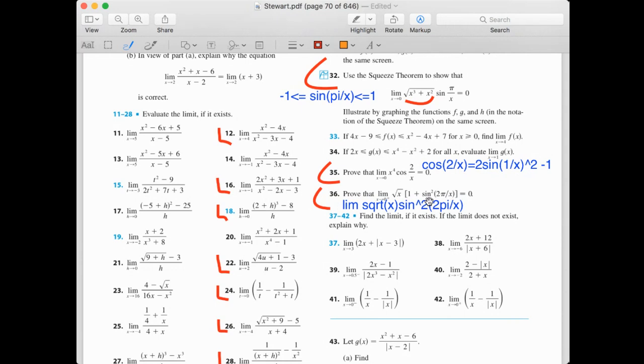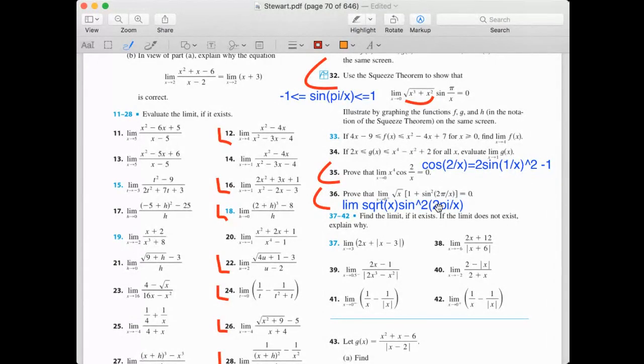Because what I said is difficult. The first part is easy, right? The limit of the square root of x equals 0. But the limit of the square root of x times this one, oh, we still can, because we're only left with this. Then we can think about the whole term being raised to the square.